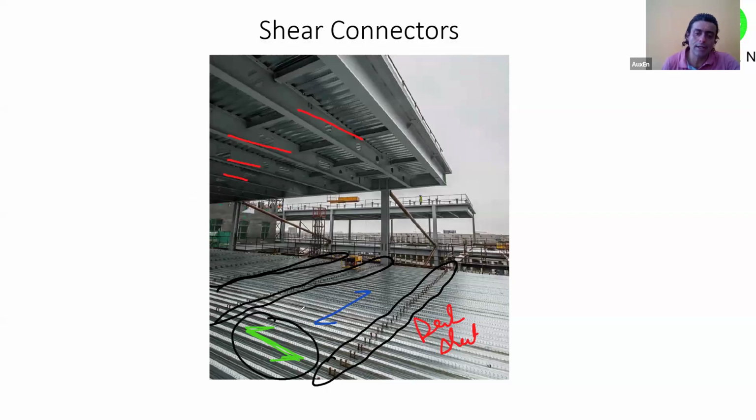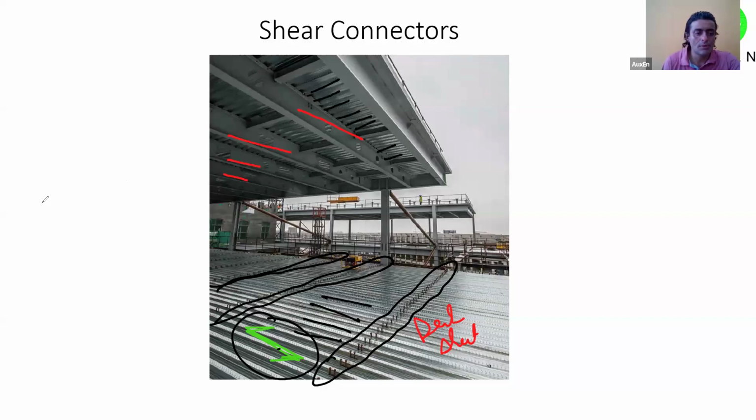Because metal decks will span along the ribs. You can clearly see the ribs from this image. The ribs are clearly visible, and these are the rib lines. So this is the spanning of your metal deck. At the bottom side also you can see, in fact, this is the spanning of your metal deck.